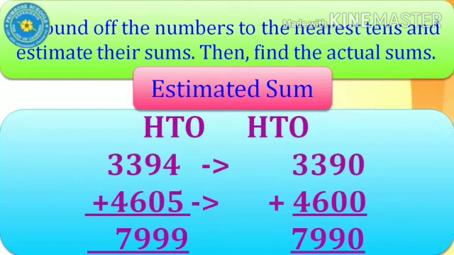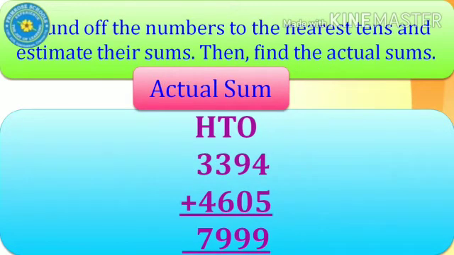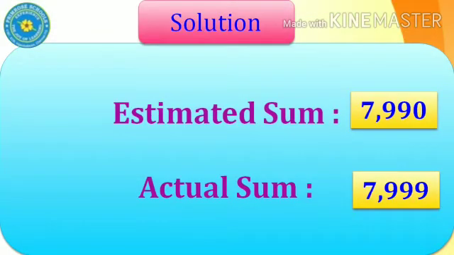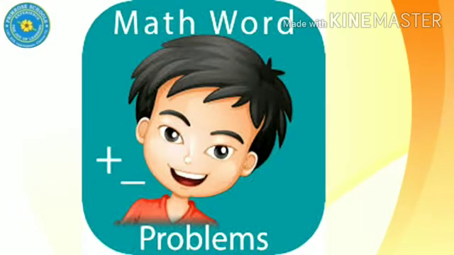The actual sum 3,394 plus 4,605 gives 7,999. Now let us compare the estimated sum and actual sum. Here again, the estimated sum 7,990 is close to the actual sum 7,999.